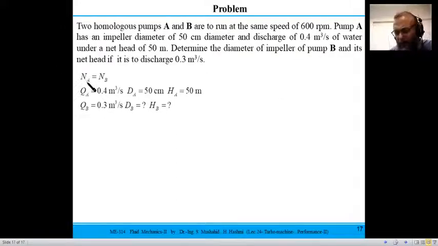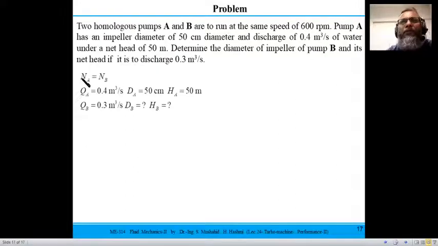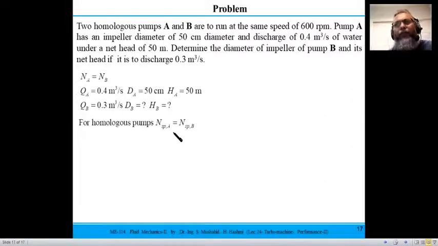The symbol I use for specific speed is N_SP. So the specific speed for pump A should be the same as the specific speed for pump B. That is what I have written here. This information is given because they are running at the same speed. So pump A and pump B are both running at the same speed.